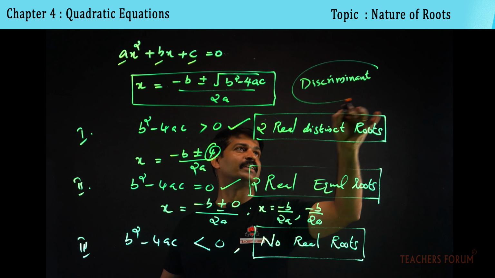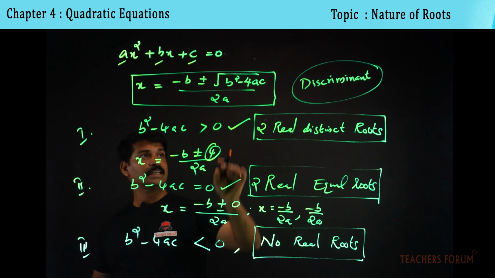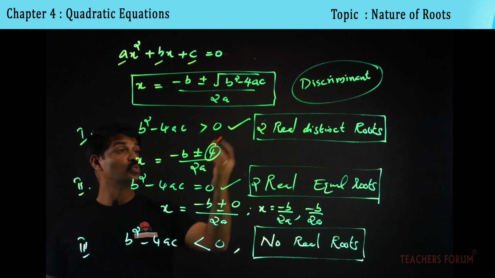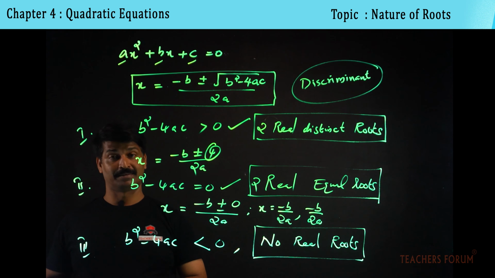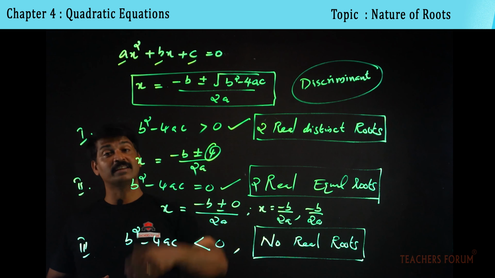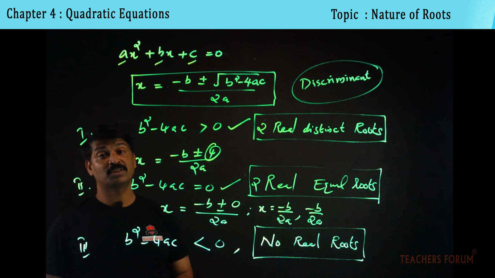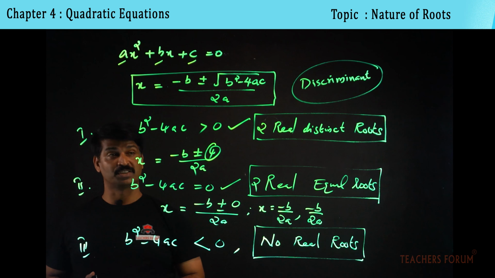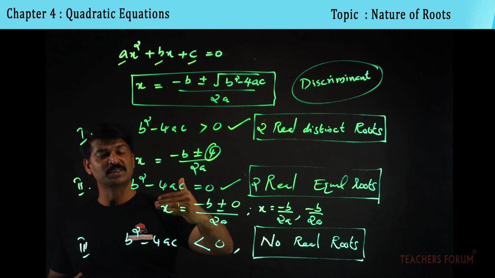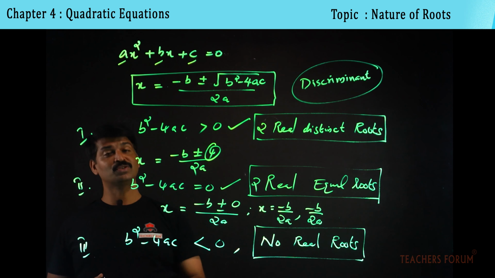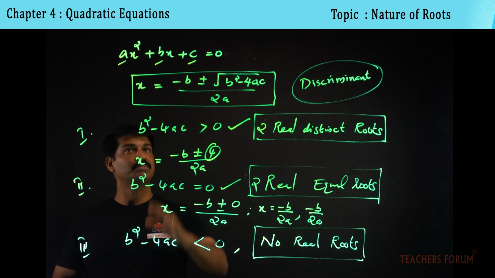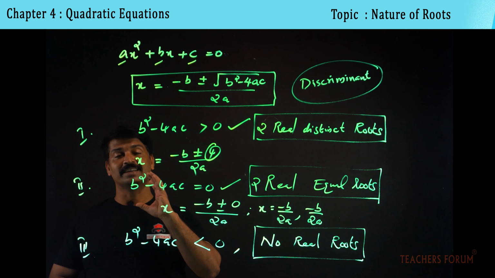Because it decides how many roots the quadratic equation will have. If the discriminant is greater than 0, the quadratic equation will have two real distinct roots. If the discriminant is equal to 0, it will have two real equal roots. If the discriminant is less than 0, it will have no real roots.